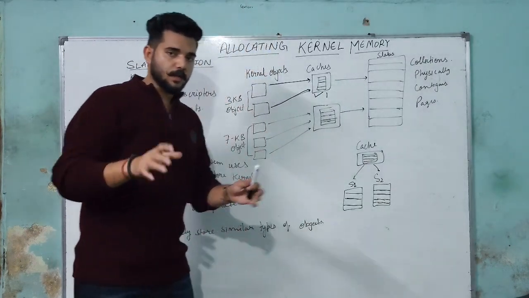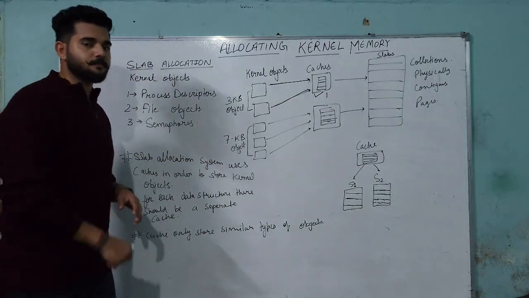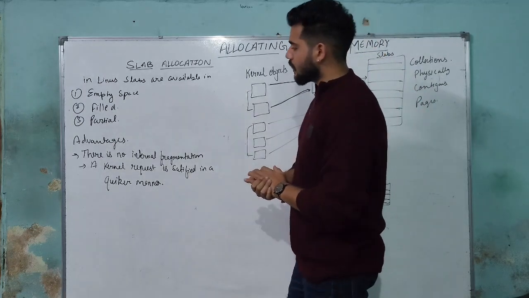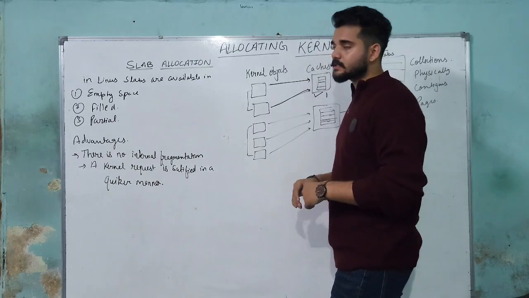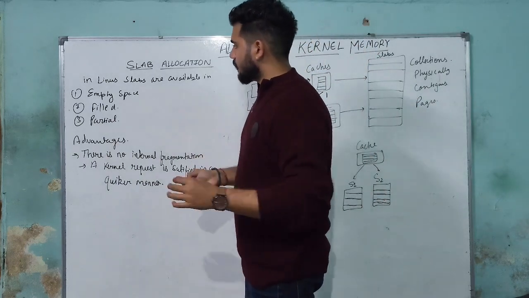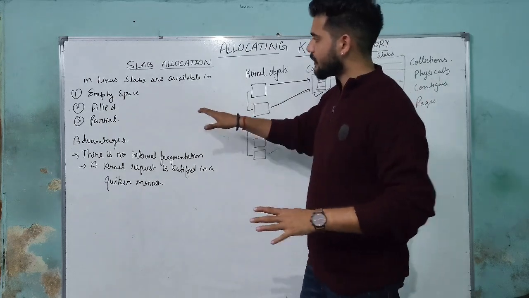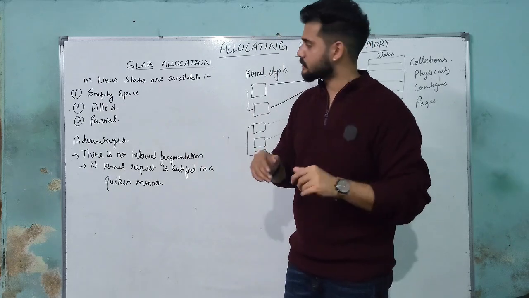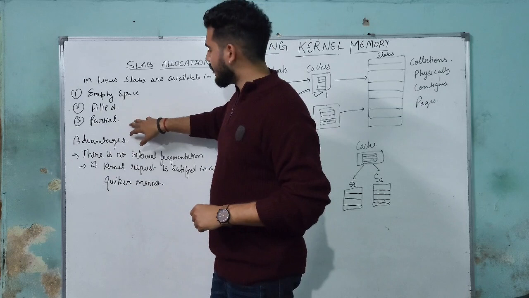Okay. Now I am going to tell you the advantages and disadvantages of the slab allocation system. Before the advantages, I want to tell you one more topic, which is how Linux treats this allocation system. Linux uses slabs that are available as empty, filled and partial.